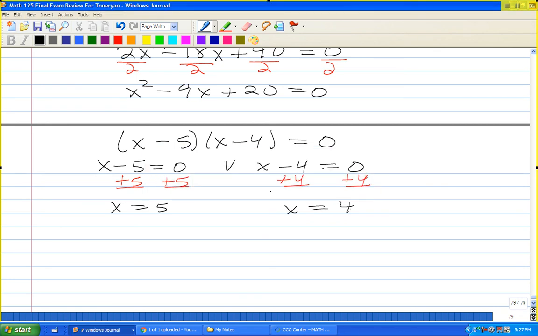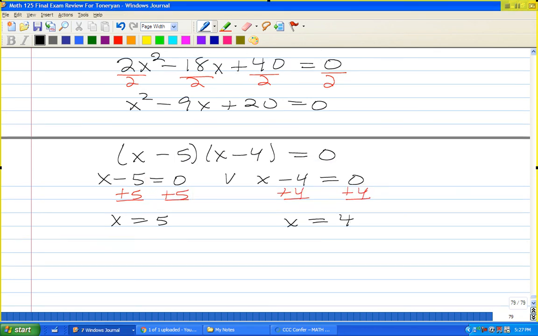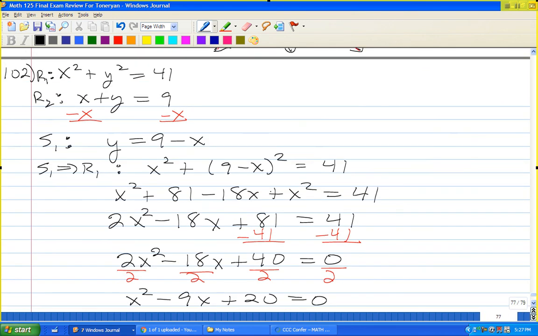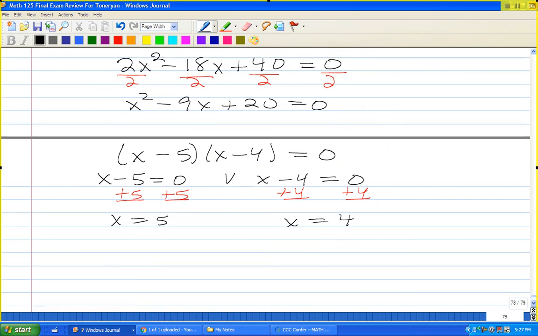Well, oops. Using S1, y is equal to 9 minus x.